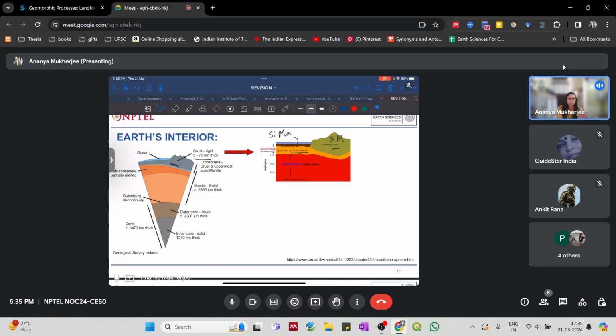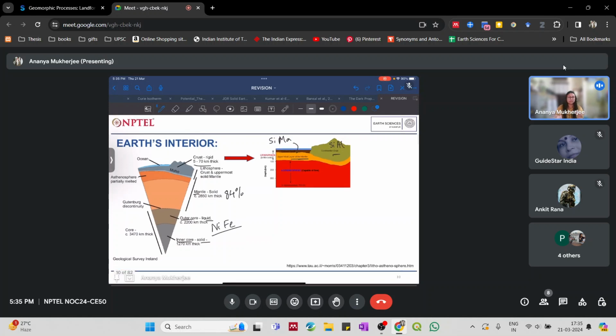And then you have mantle, which takes up almost 84% of the entire Earth's interior. And then you have core. Core is mostly made up of nickel and iron, so you can call it NiFe composition. You have outer core, which is liquid, and inner core, which is solid. Okay, so this is how the Earth's interior is generally structured.